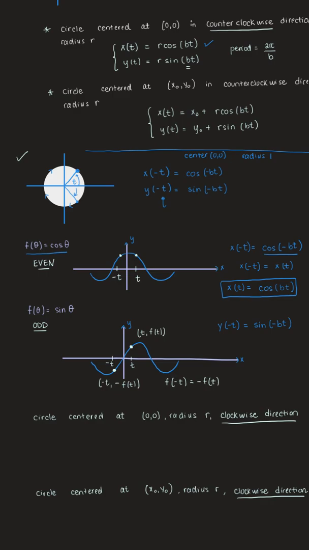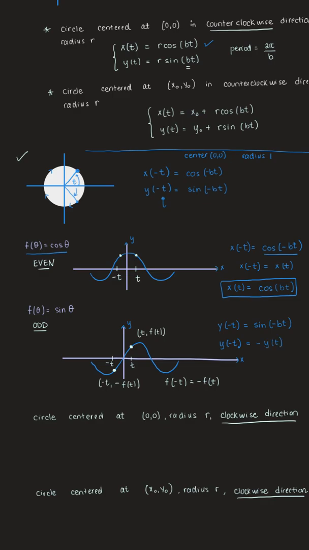They're opposites, right? One is above the x-axis, one is below. And so that means that y of negative t, since y is a sine function, is negative y of t.